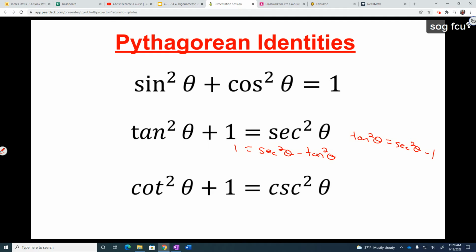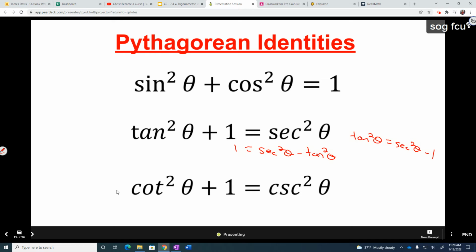You could subtract the cotangent squared over, or you could just switch their spots. Cotangent squared would be equal to cosecant squared minus 1. Rearrange that however it's needed. And you don't have to memorize these, but have that list so when you do problems, we're going to be doing problems here shortly, and you can refer to this list.